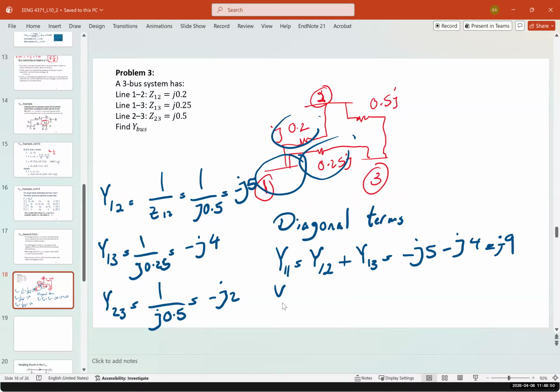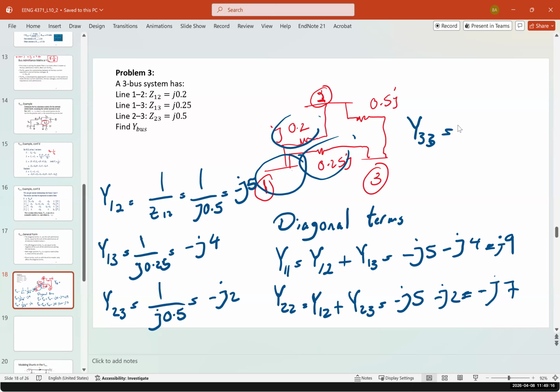Now Y22 the same way is going to be Y12 plus Y23, which is negative j5 negative j2, equal to negative j7. And finally, Y33 is going to be Y13 plus Y23, which is negative j4 negative j2, equal to negative j6.